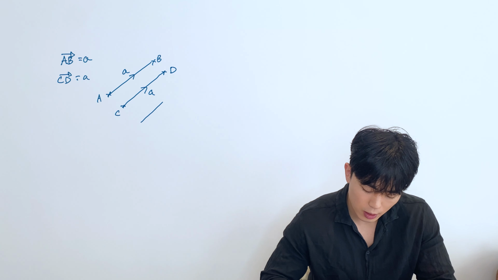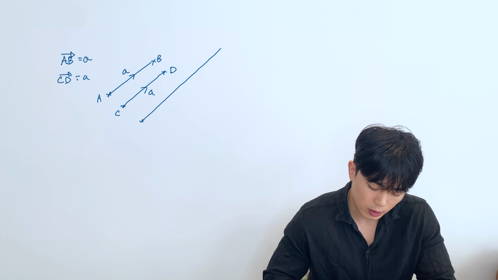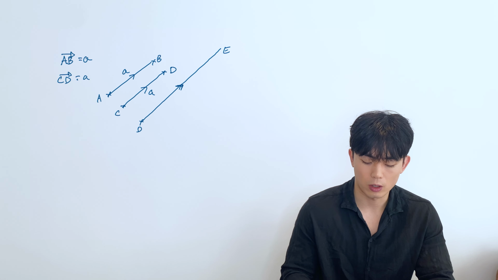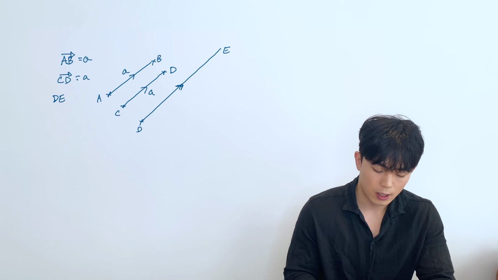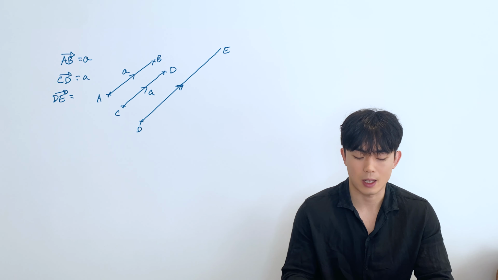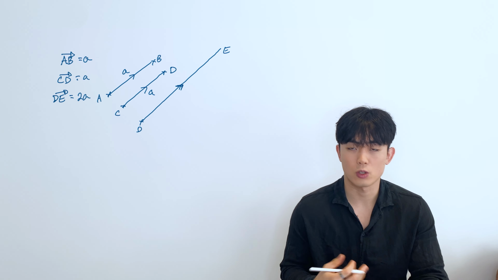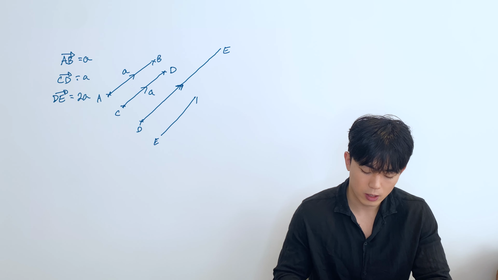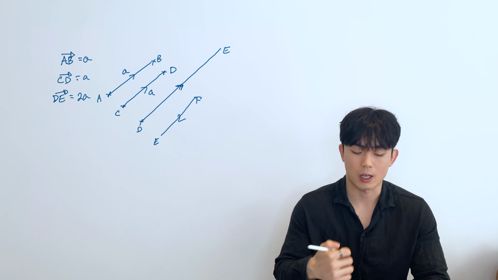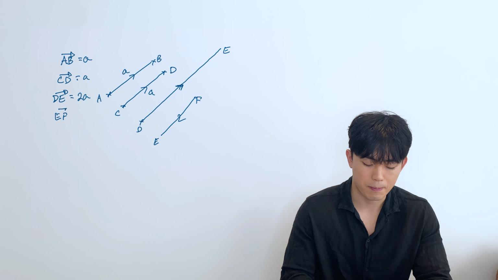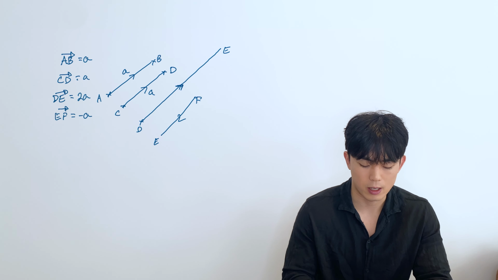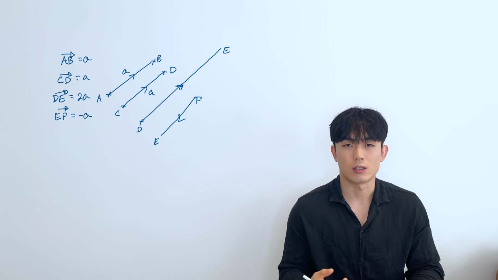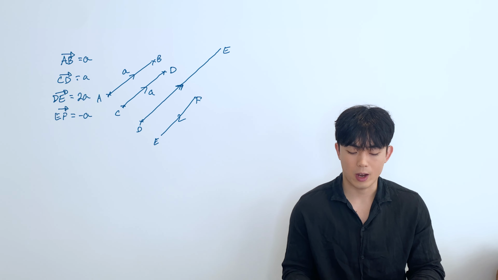If I draw another one, D to E, but now this is twice the length of A to B, then D to E is in the same direction, but it's twice the magnitude, so it's now represented by 2a. If I go the opposite way around, let's say E to F, where the arrow is in the opposite direction but with the same magnitude, then this is represented by minus a. So that's the very basic notation of vectors.